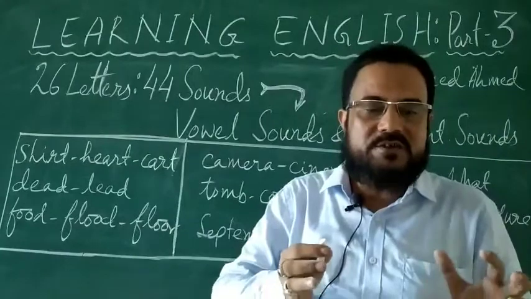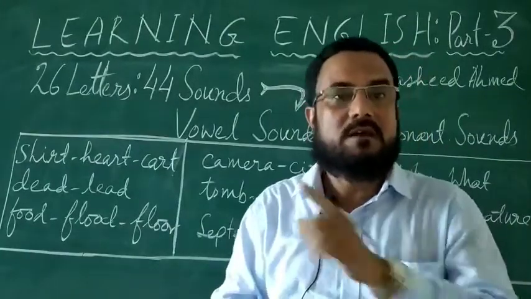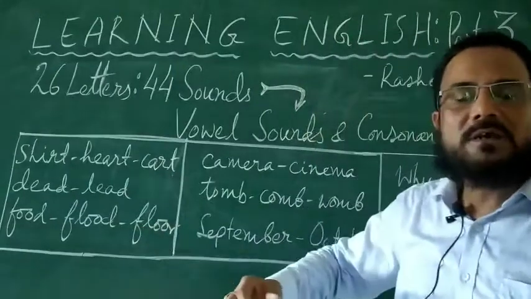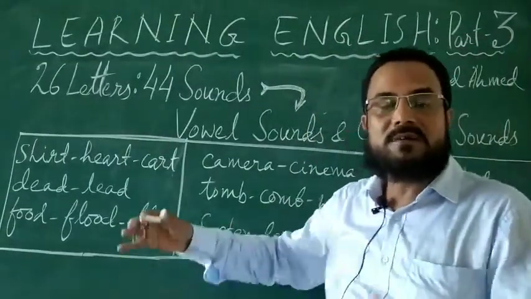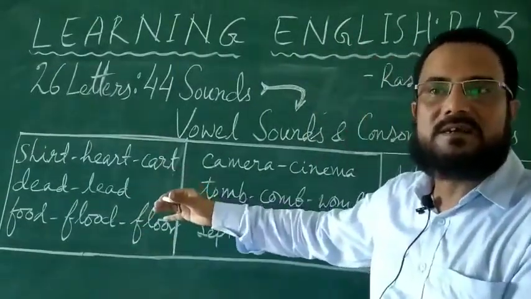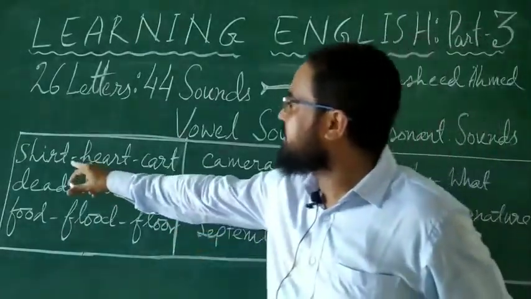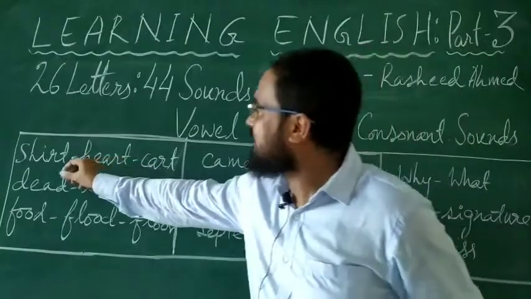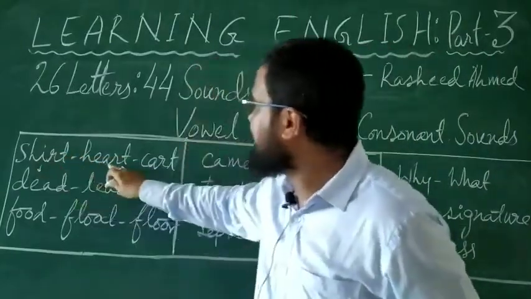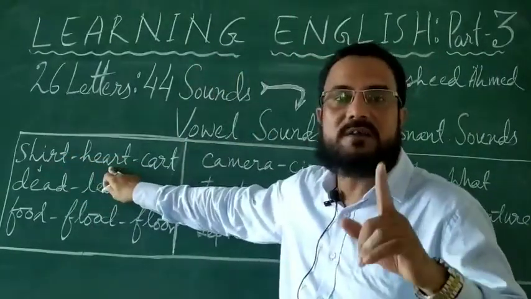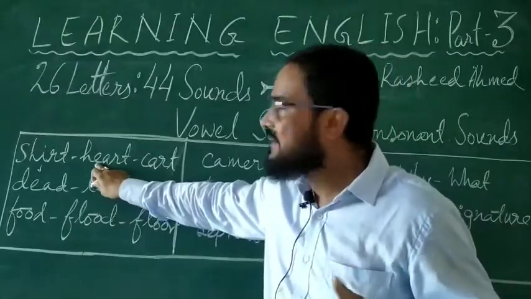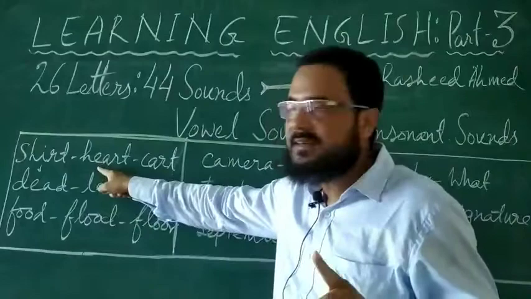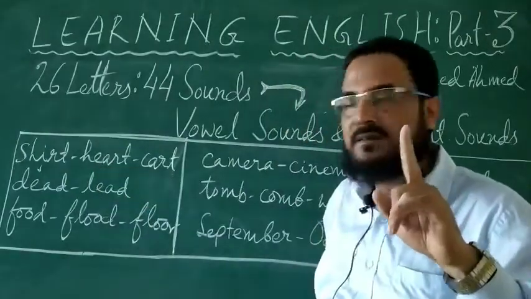A diphthong is a joining of 2 vowel sounds together. We'll find it here. See, again, I want to give you entertainment in the form of the strangeness that we have in English pronunciation. Shirt, then you have heart. SH, the vowel is I; here the vowel is EA. 2 vowels are there, EA, but the sound is 1.